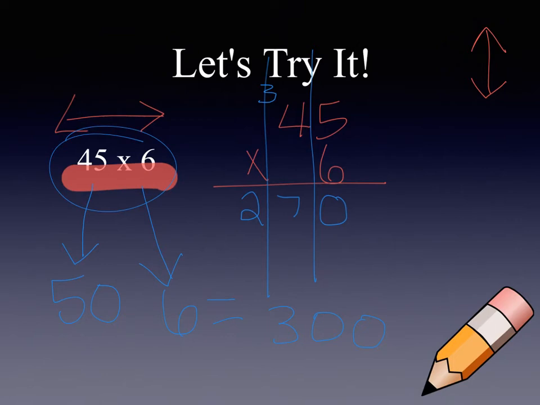Okay, so if I look to see here, 300, and my actual answer was 270. So I asked myself, okay, is this a reasonable number, or is this number close to the number that I estimated? I would say, yeah, it's only 30 off, which makes sense because we rounded these numbers up to a higher number.